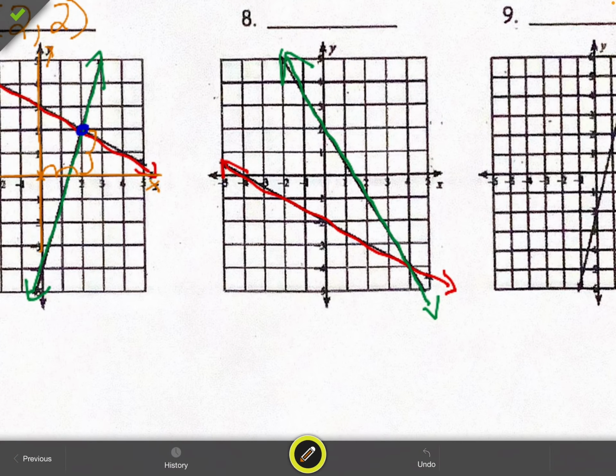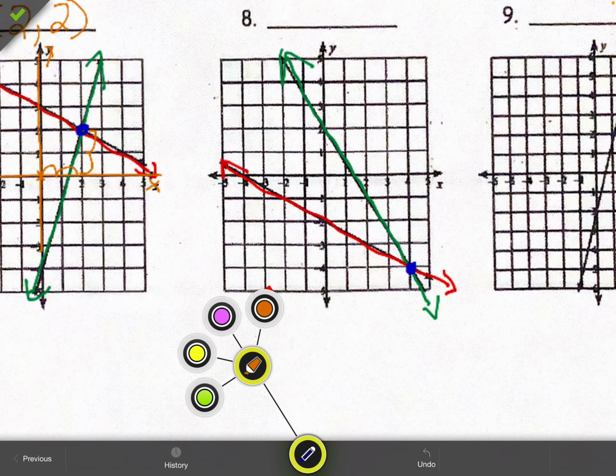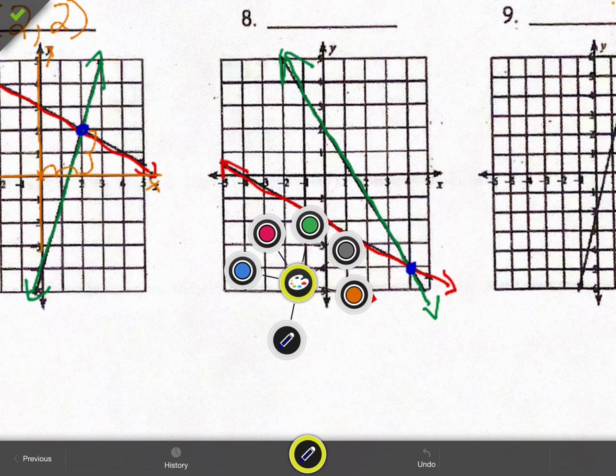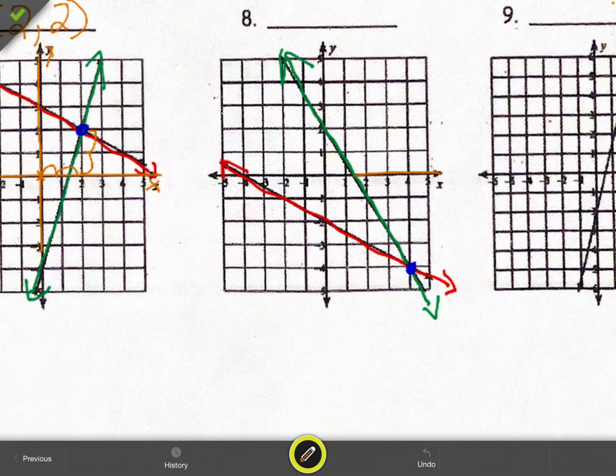All right, so number 8, again, clearly two lines. They intersect. We can see the intersection very clearly right here. We want that point. Again, if you need to, here's your x-axis, here's your y-axis, just so you can see your origin. So we're going to start here.